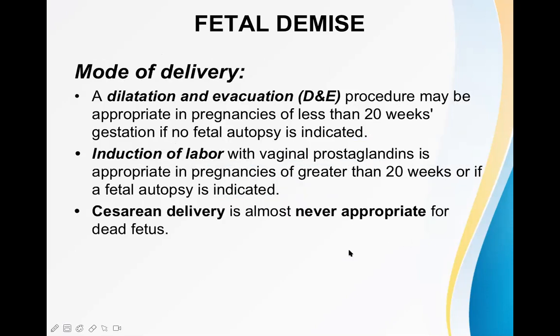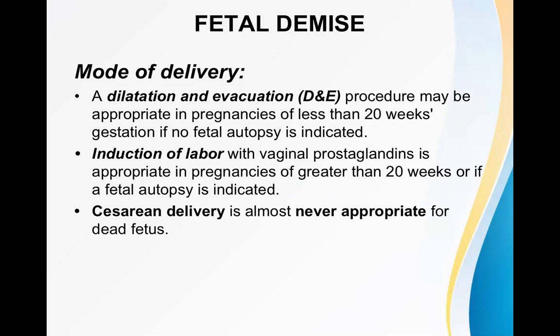Now, what are the modes of delivery in intrauterine death or stillbirth? See here, one is dilatation and evacuation. This is appropriate in pregnancy of less than 20 weeks gestation if no fetal autopsy is indicated. Now, once again, if it has already happened in less than 20 weeks, we call it missed abortion.